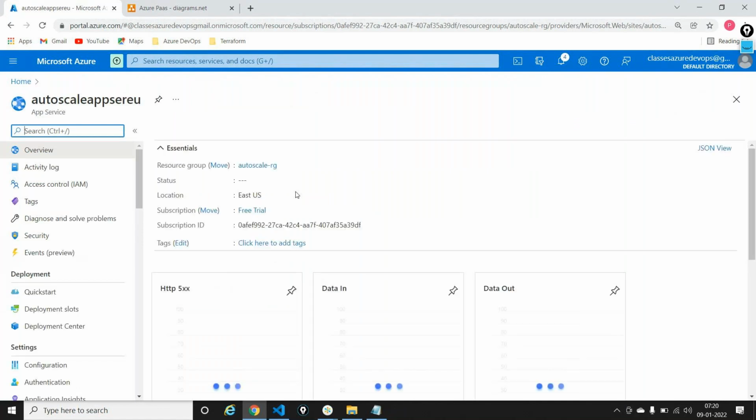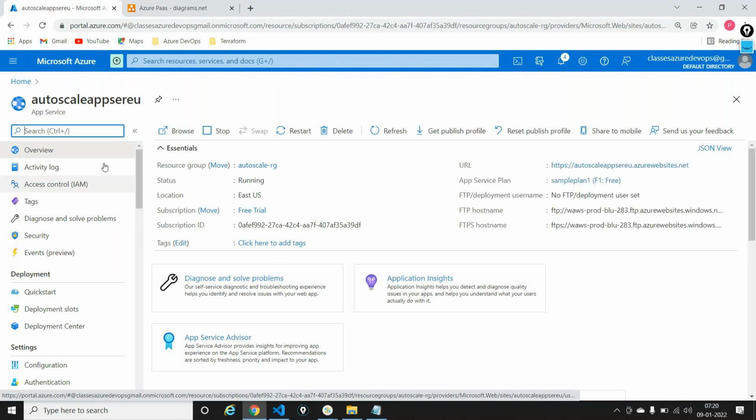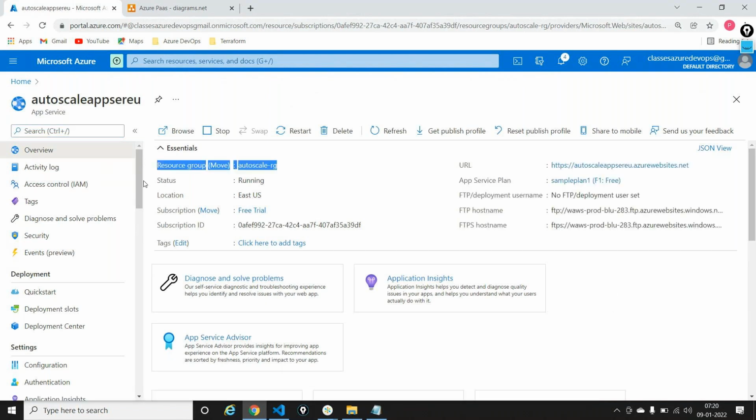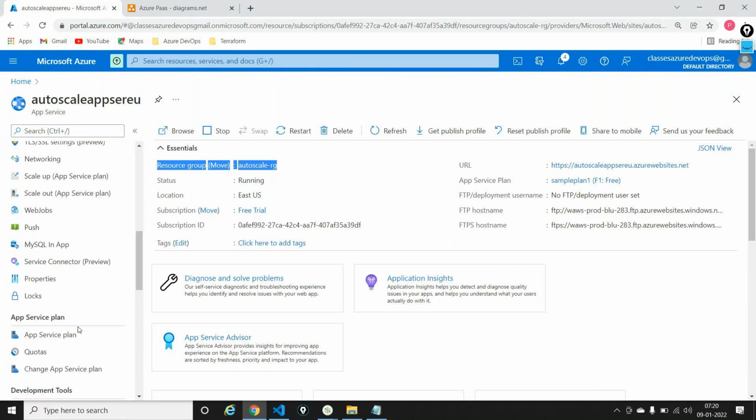Okay, so I'm inside the app service. Once in the app service, I'll scroll down, and there is something known as scale up and scale out. There are two things here.